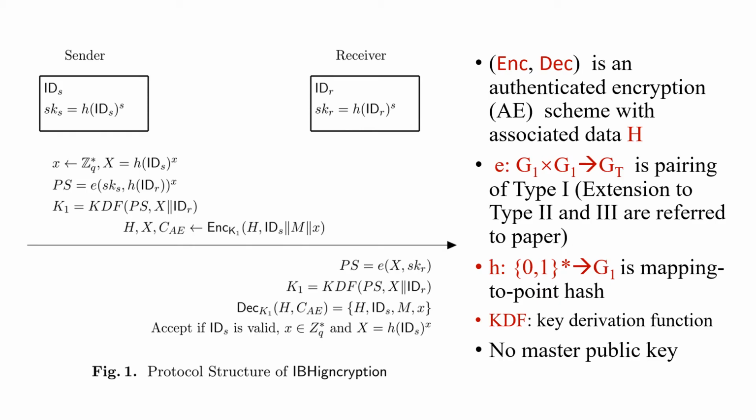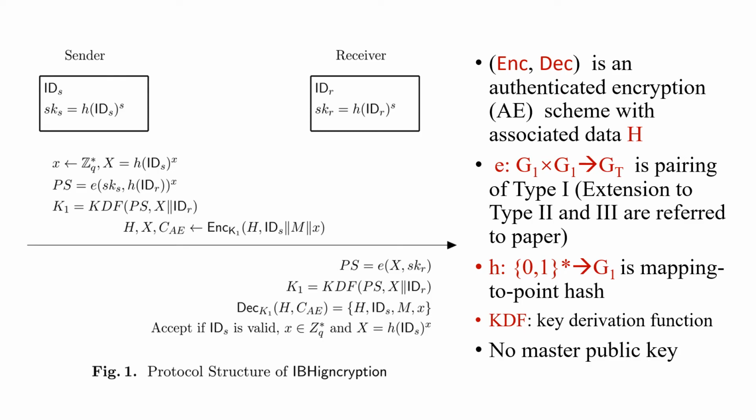And then the sender uses K1 and runs the AE scheme to encrypt its identity, the message M, and the exponent small x to form the ciphertext CAE. And finally, the sender sends CAE and big X together with the associated data H to the receiver.